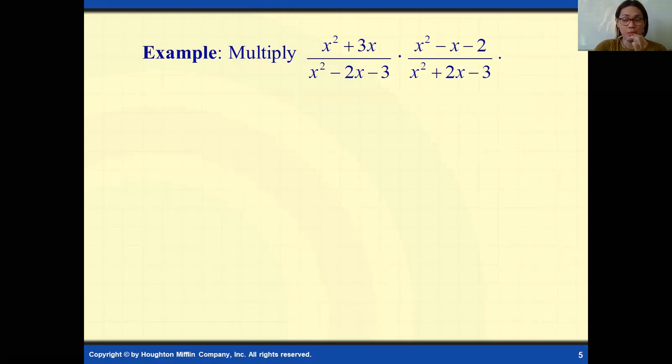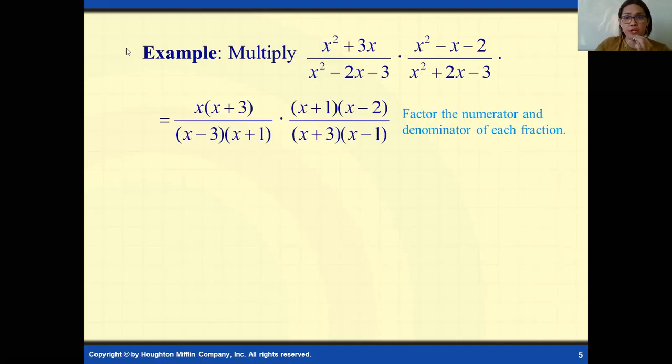Are you ready? What's step one? Yes, you factor them, both numerator and denominator, so you have the factored form. Of course, x is a factor of the numerator x squared plus 3x, along with x plus 3. And x minus 3 and x plus 1 are factors of x squared minus 2x minus 3.